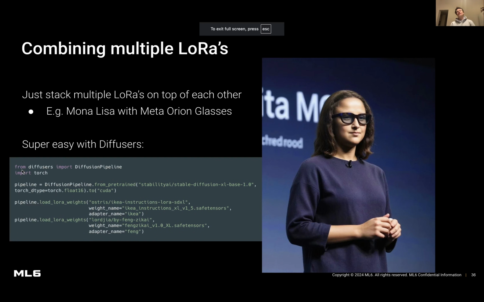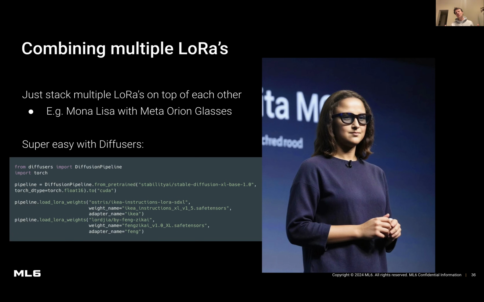All right, and then, yeah, another super nice concept, if you ask me, is the idea of combining, also called stacking, multiple LoRAs on top of each other. So this is actually quite next level, if you ask me, but basically, let's say you have trained a LoRA on the Mona Lisa, and you have also trained a LoRA on the Meta Orion glasses, which is like a new product released by Meta.